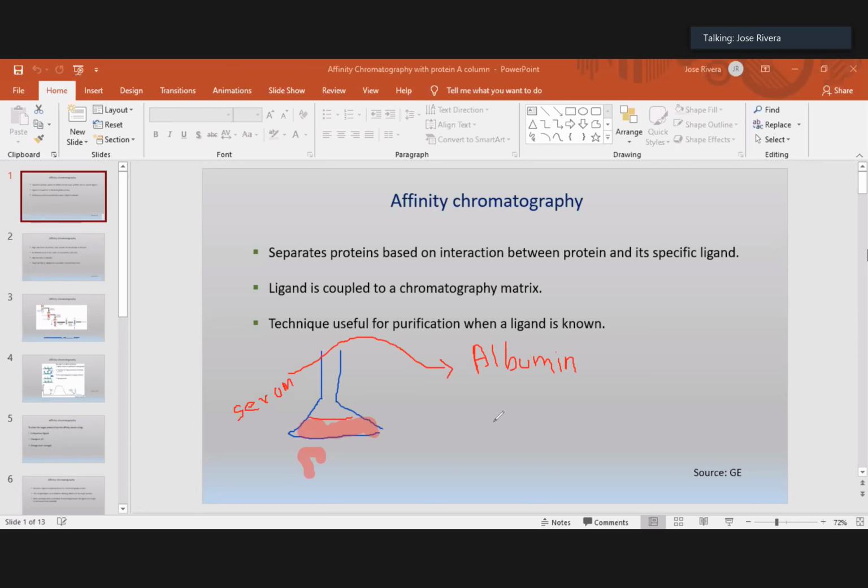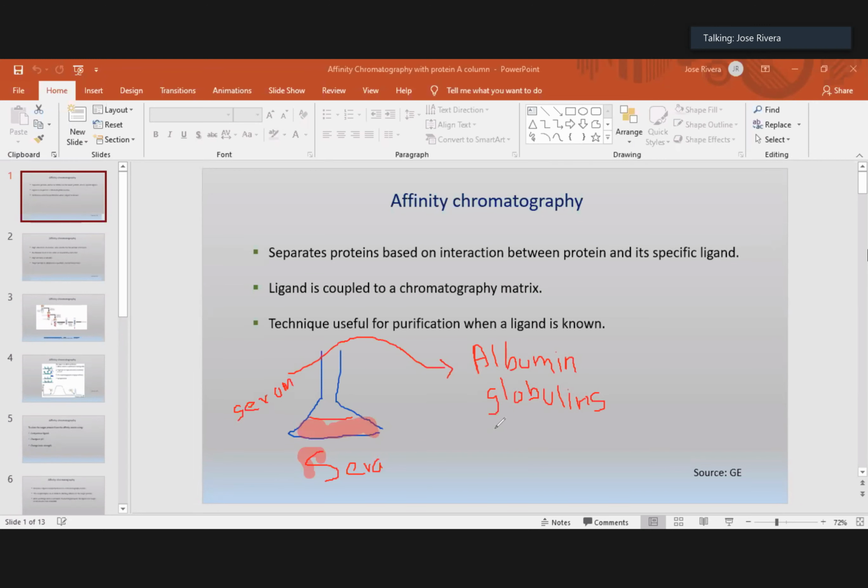What other proteins are there in the serum? The globulins, and there is more than one, right? There are the different IgGs, the globulins.